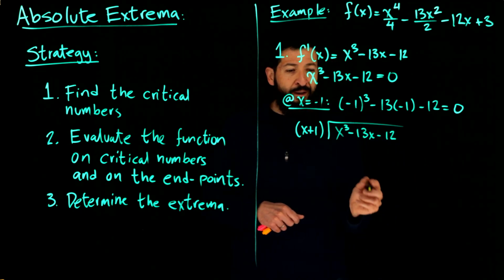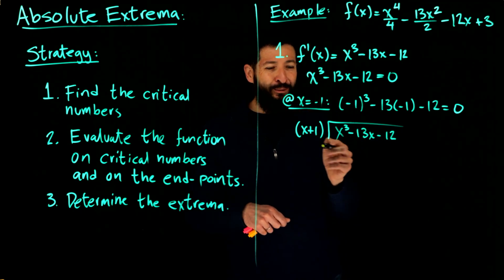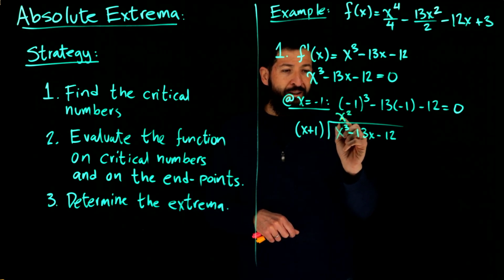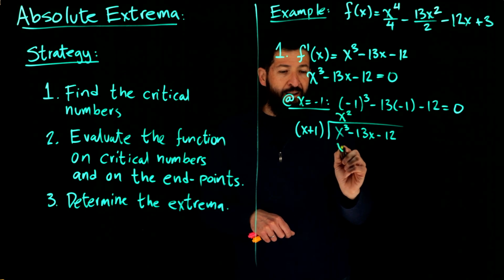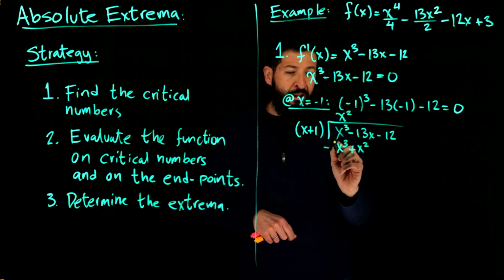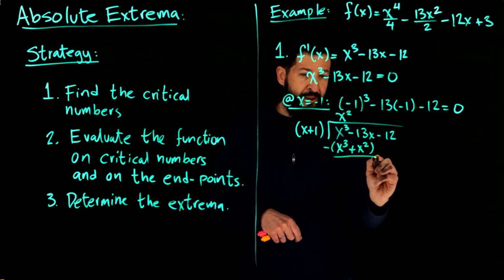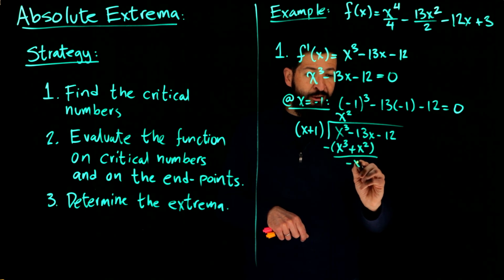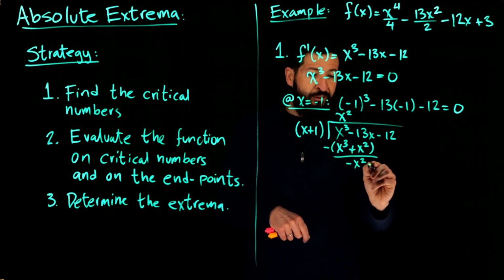So this one turned out to be a little bit more exciting than I thought it would be, but it's okay. So we have here an x squared that we multiply, we get x cubed plus x squared, and we subtract it off. x cubed minus x cubed goes away, and I get negative x squared, and I drop my 13x.